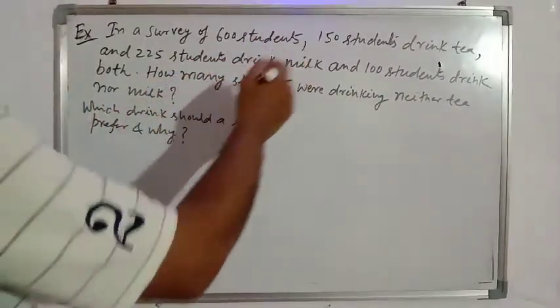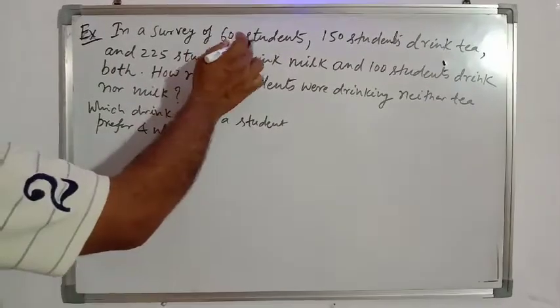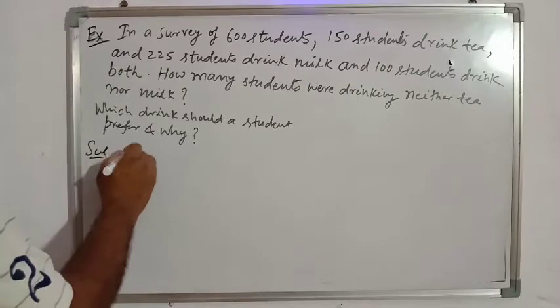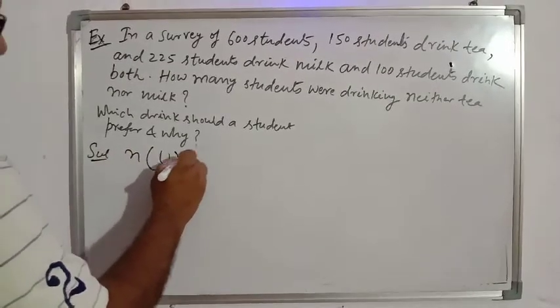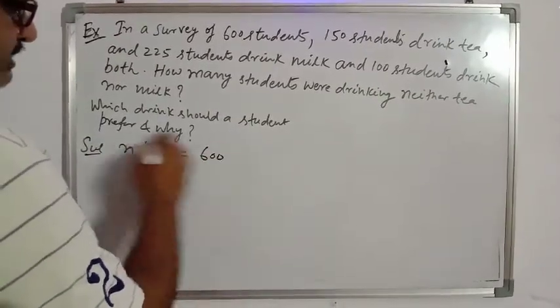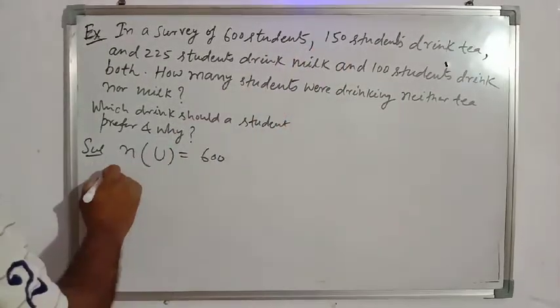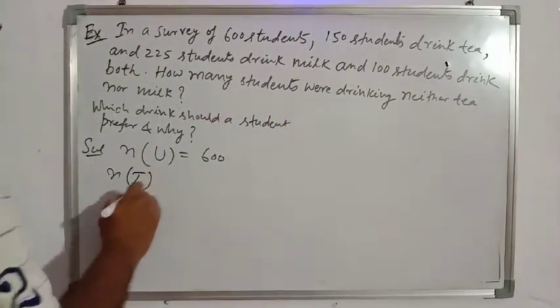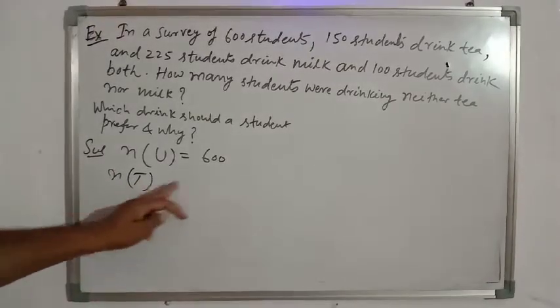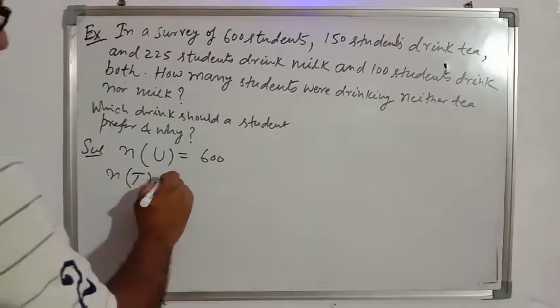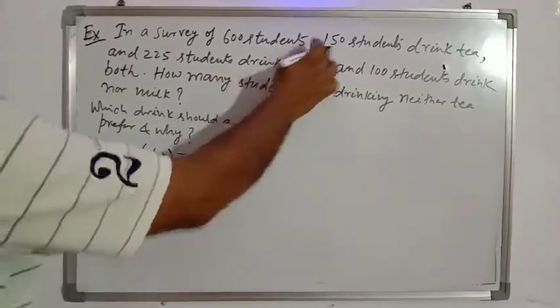Firstly we will write what is given. 600 students is the total, which means the cardinal number of the universal set is 600. Let T represent the students who drink tea, so n(T) is 150.